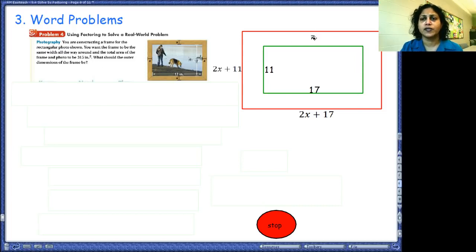So if you want to increase each dimension by x, the outer dimensions are 2x plus 11 and 2x plus 17.